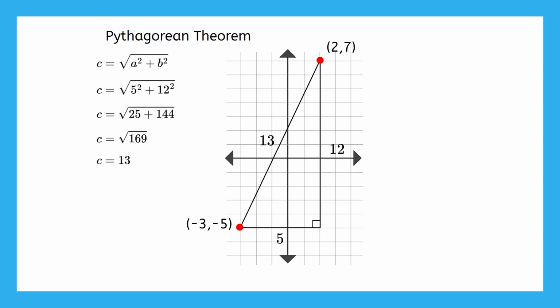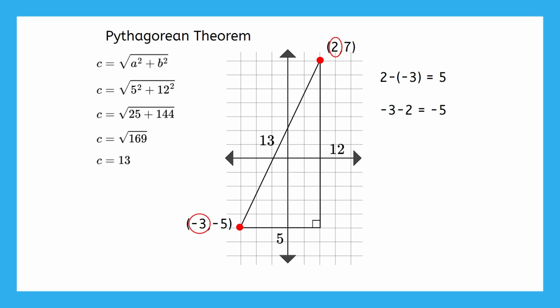So, I have a question for you. What do you get if you subtract one of these x values from the other? If you chose to do 2 minus -3, you should be thinking 5 right now, since subtracting a negative number is the same as adding. And if you chose to do -3 minus 2, you should be thinking -5.